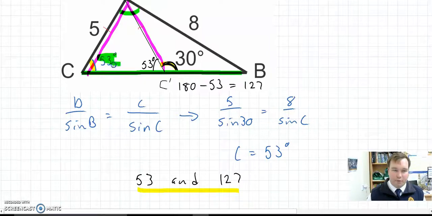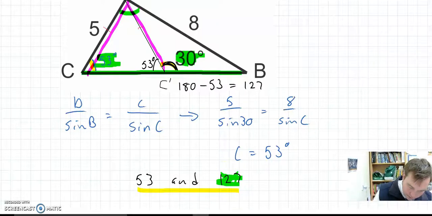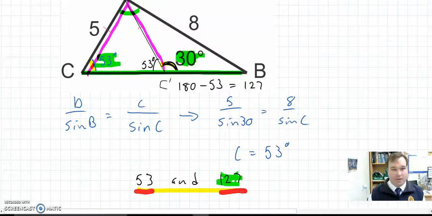If we have 30, because we're given that, and 127, that's fine as well because they add up to less than 180. If the sum of one of these angles here and 30, the other angle we're given, was more than 180, then that would be an impossible triangle. Because if it was equal to 180 or more, there would be no room for an angle up the top here.